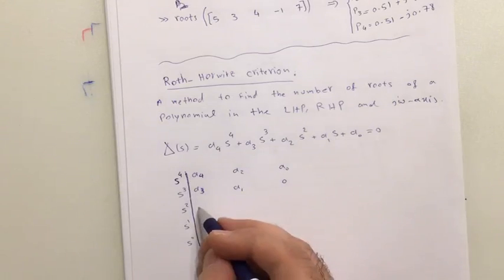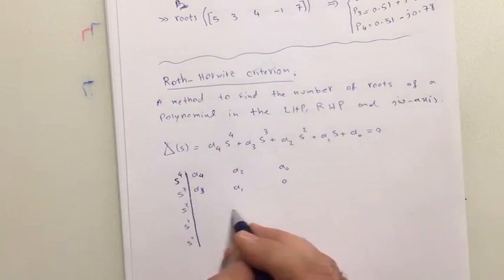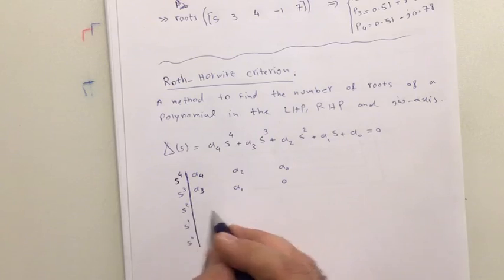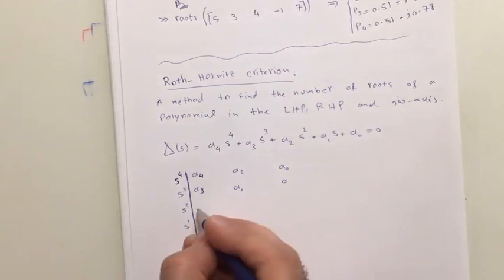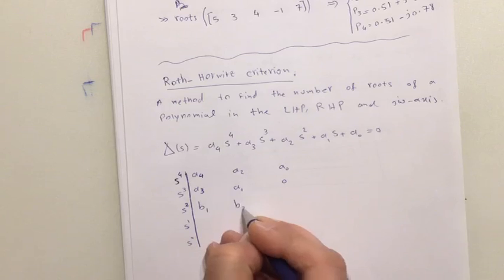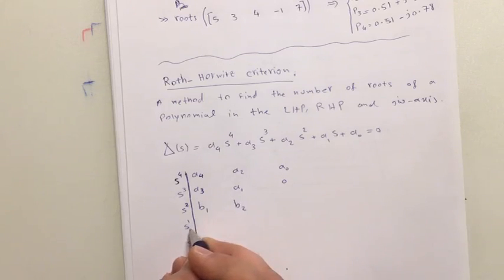So the question is how to write the third row. I name the elements of the third row b1 and b2, then the next row c1, and the next one d1.